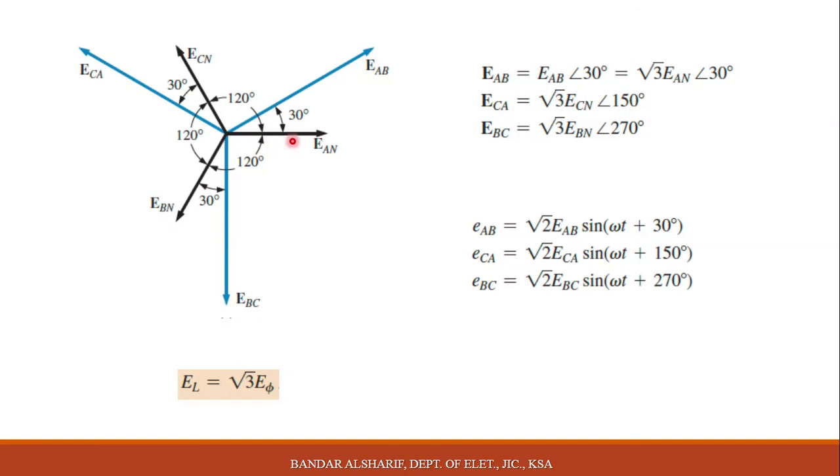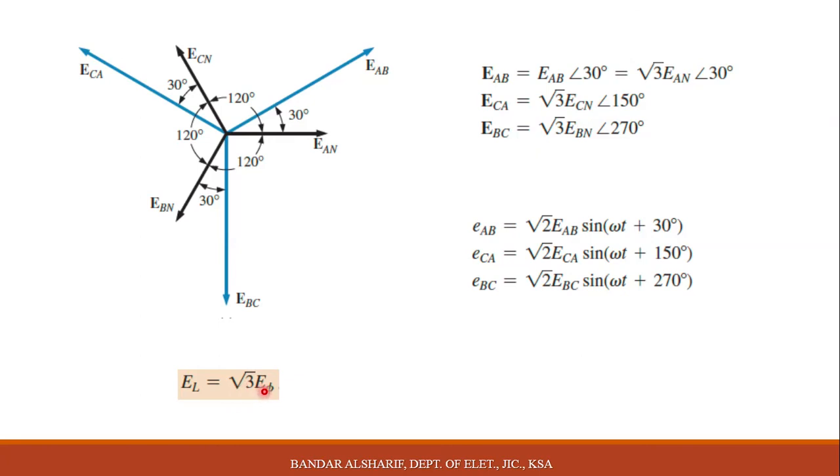But for phase and line, always the phase shift between them is 30 degrees. Consider this for all Y connection. 30 degrees between each phase and each line. Before we go to the formula, also the relation between phase value and line value is root 3.